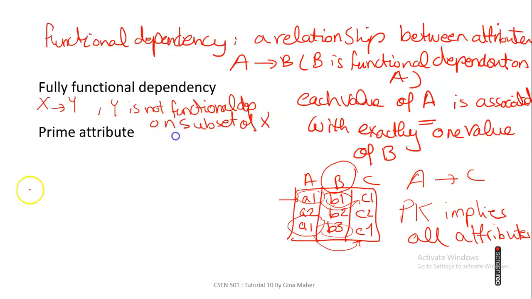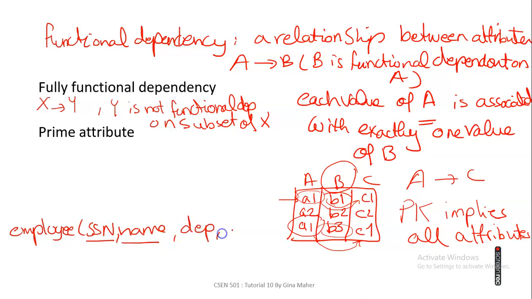Let's take an example. Assume that we have employee with SSN, name, together they are the primary key, and department and project.